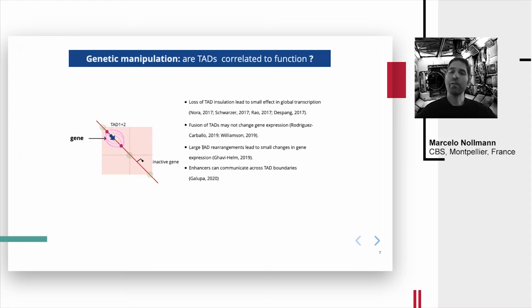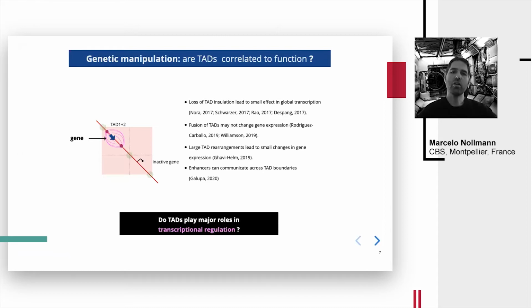And very large stat rearrangements again lead to small changes in overall gene expression patterns. And very recently, people have also shown that enhancers can indeed communicate across stat boundaries. So all of this evidence put into question the role of stats in transcription regulation.